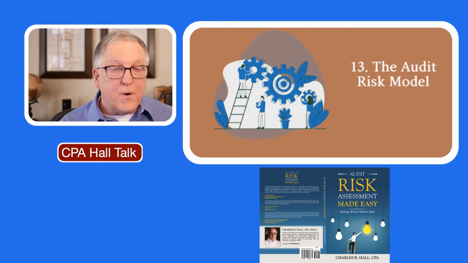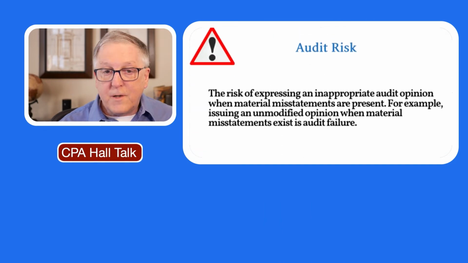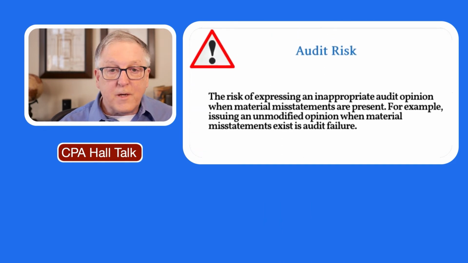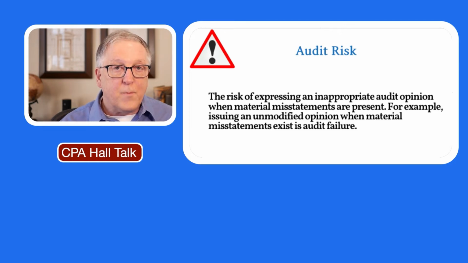In this chapter, I'm going to explain what audit risk is, and then I'll give you the three components of the audit risk model. First up, let's take a look at the definition of audit risk. And this is simply the risk that you complete the audit and you issue an inappropriate opinion. So most of the time, you're issuing an unmodified opinion.